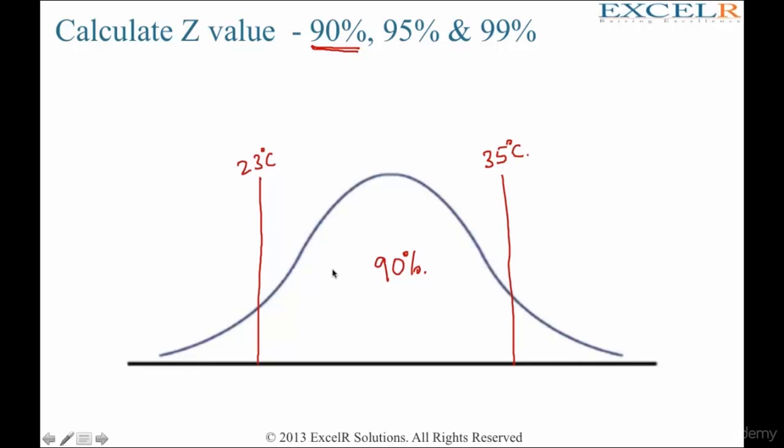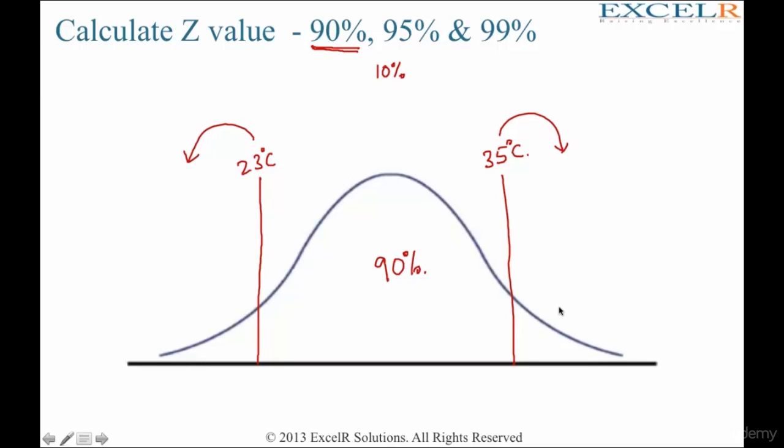Just assume for now. What does that mean? Tomorrow's temperature would fall within this range 90% of the times. So there is a 10% chance that the temperature might either be greater than 35 degrees Celsius or less than 23 degrees Celsius.